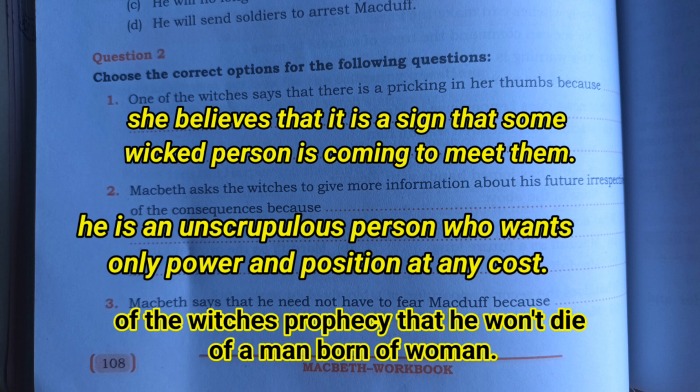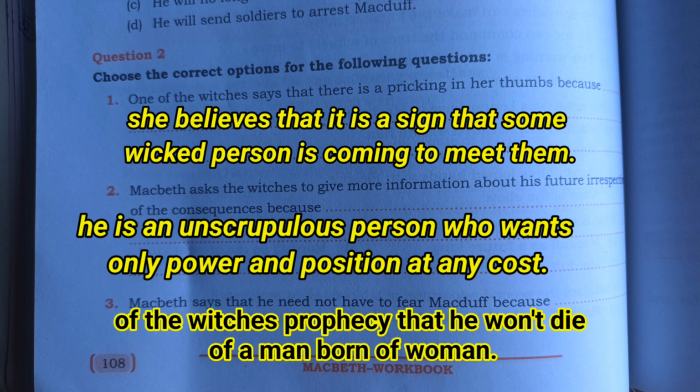Second, Macbeth asks the witches to give more information about his future, irrespective of the consequences, because he is an unscrupulous person who wants only power and position at any cost.